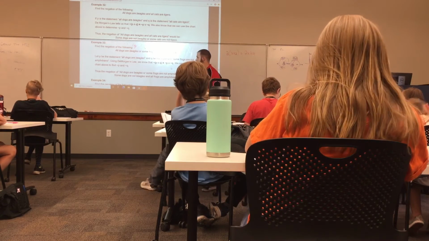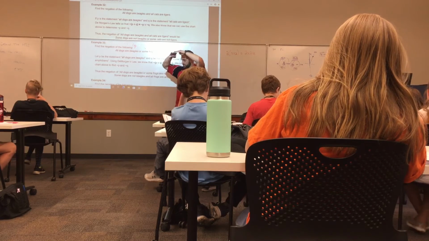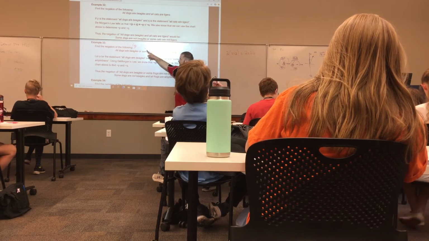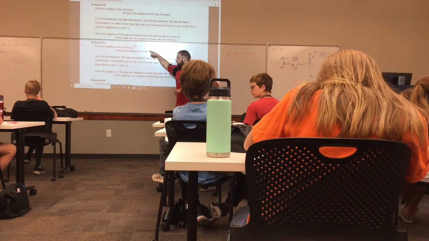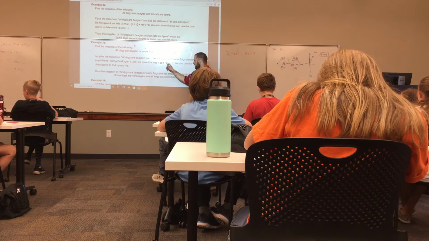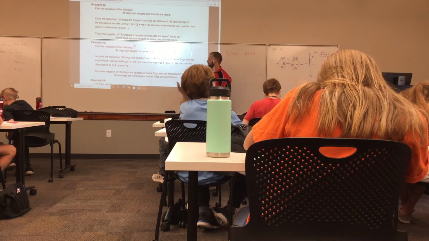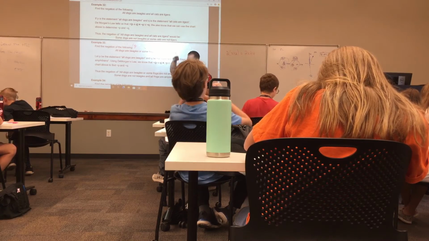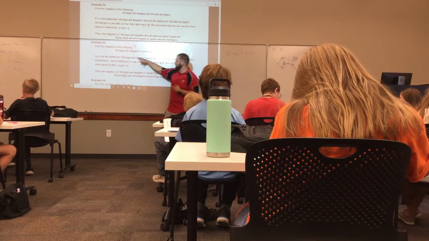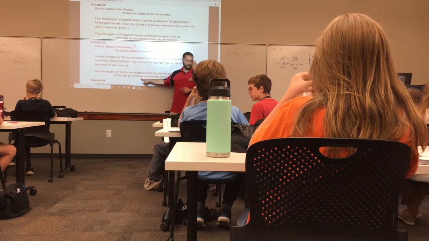You guys good? Using De Morgan's law again, because there's different versions of De Morgan's law depending on what you're starting with, a conjunction or a disjunction. This time we're starting with a disjunction. We need the negation of this statement using De Morgan's law. And it says, hey, look, write that as not P and not Q. Your hardest part about this is going to be finding not P and not Q. Well, if this is all dogs are beagles, that's going to turn into some dogs are not beagles.